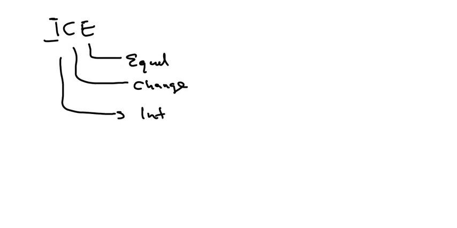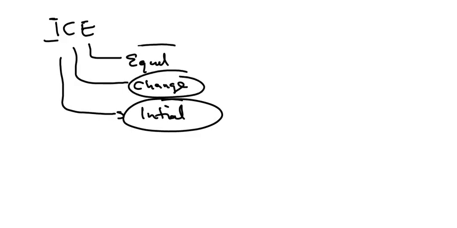E means equilibrium, when equilibrium has been established. C means the change that has happened. I means the initial that you are given. Remember we said not all reactions start at equilibrium. They are going to have initial concentrations, then there's a change that happens, then equilibrium is established. So we go like this.